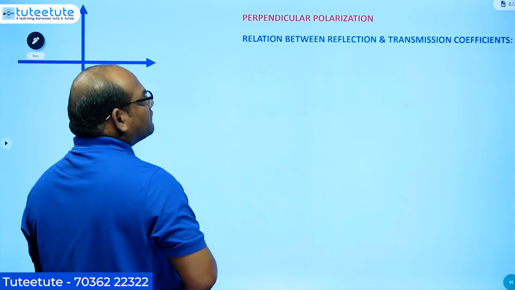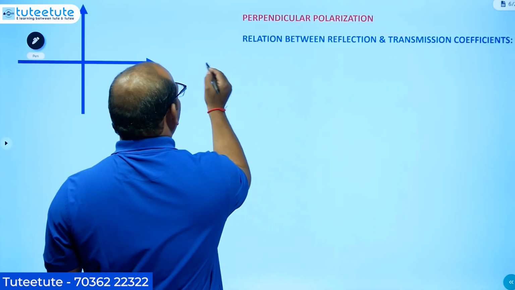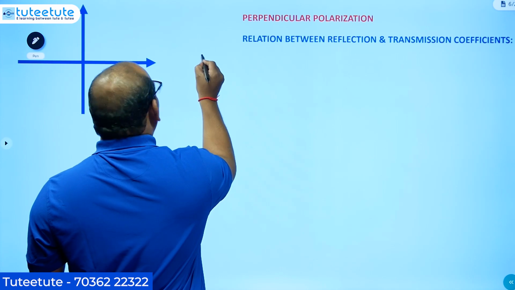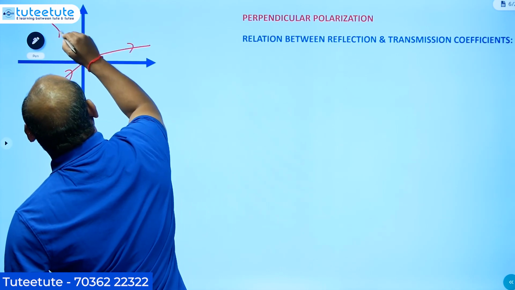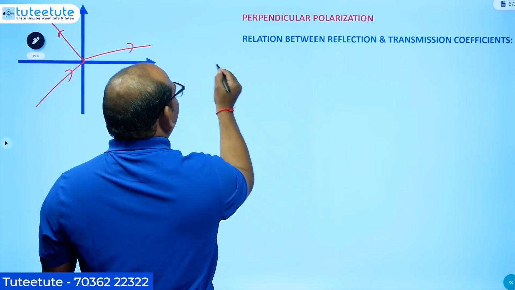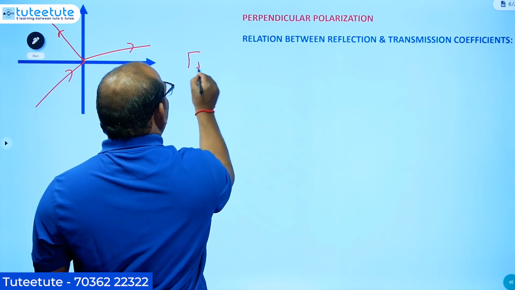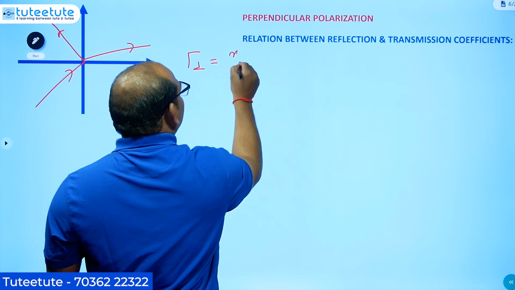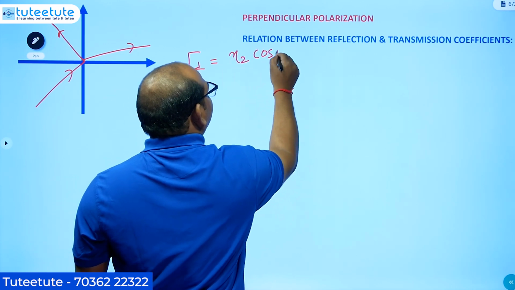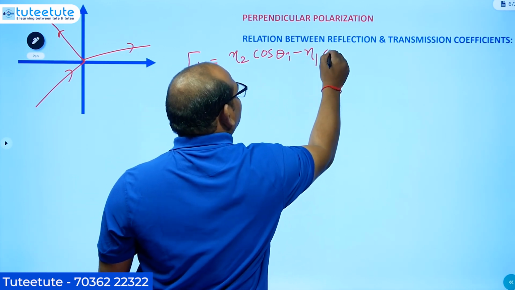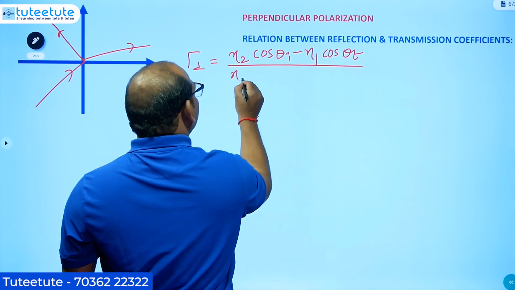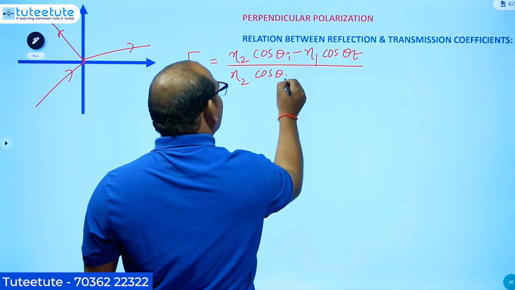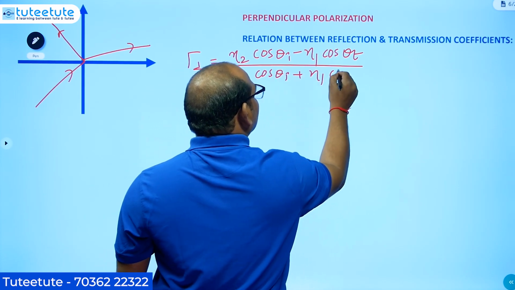So those two equations I am writing at one place now. First I will take the incident wave, transmitted wave, and reflected wave, and here I am taking gamma perpendicular. What we got is equal to eta 2 cos theta I minus eta 1 cos theta t by eta 2 cos theta I plus eta 1 cos theta t.